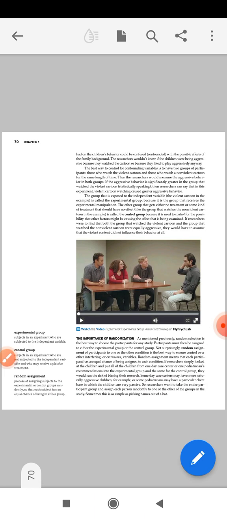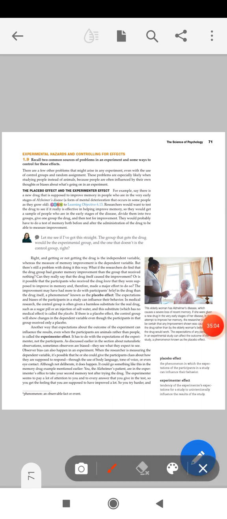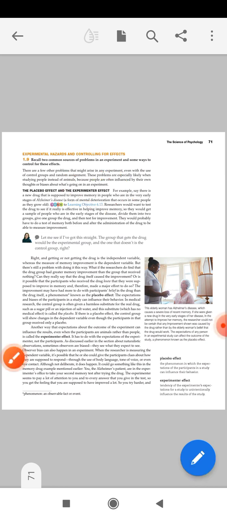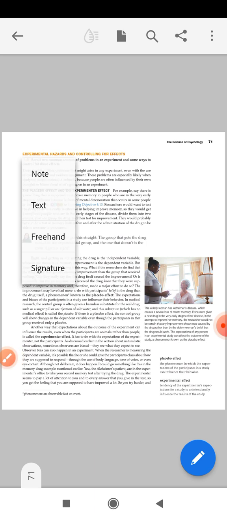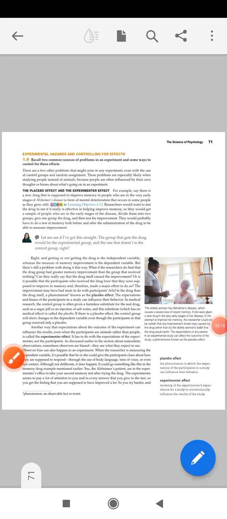We have talked about the experimental effect, which is the same as the observer effect, and here we are going to learn about the placebo effect. We want to test a drug which can increase memory. So how can we test that?